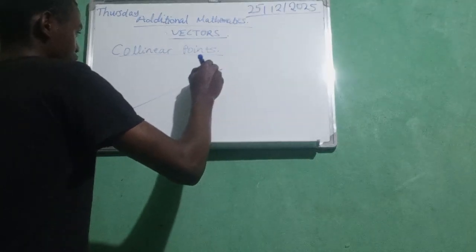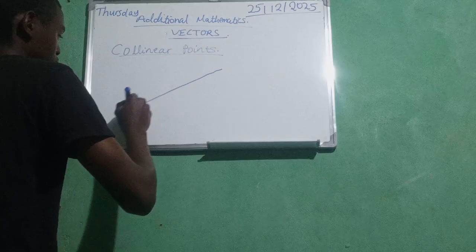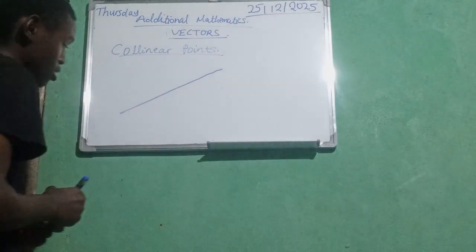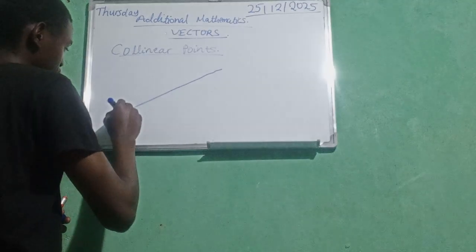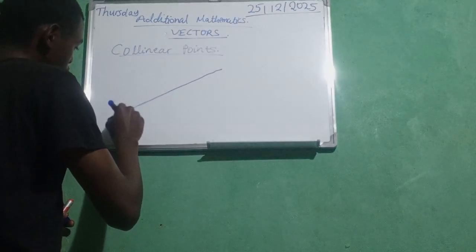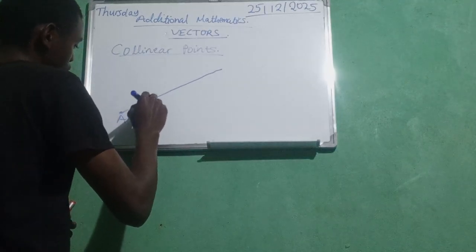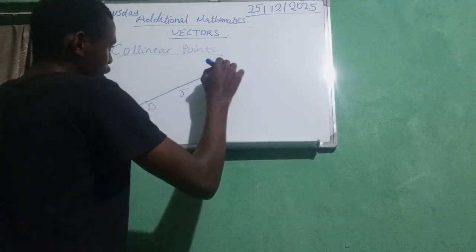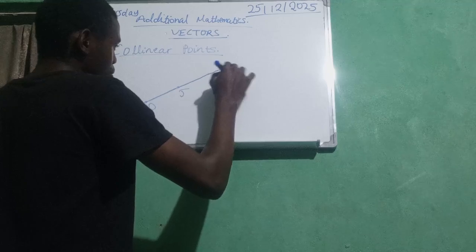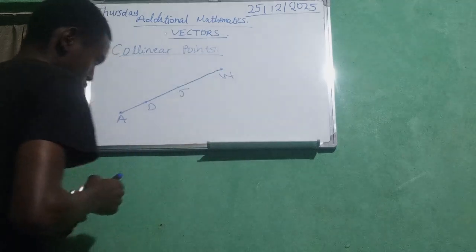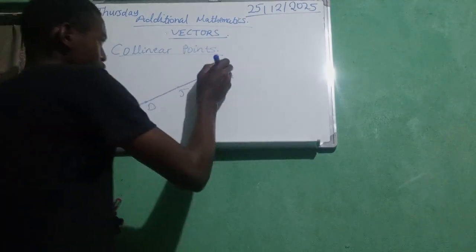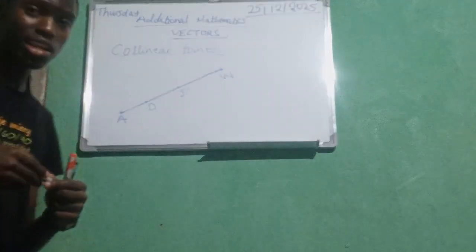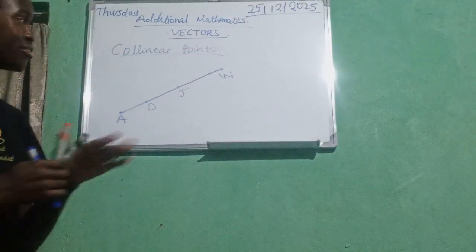What I'm trying to say is this. We can have a line segment with points A, D, J, and W. Now, this line segment under coordinate geometry is a slope.